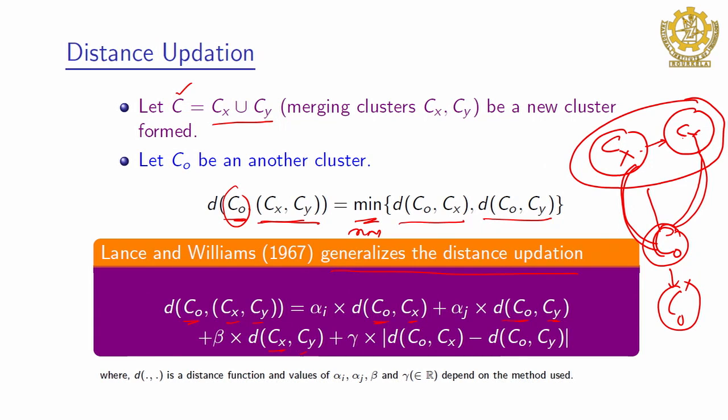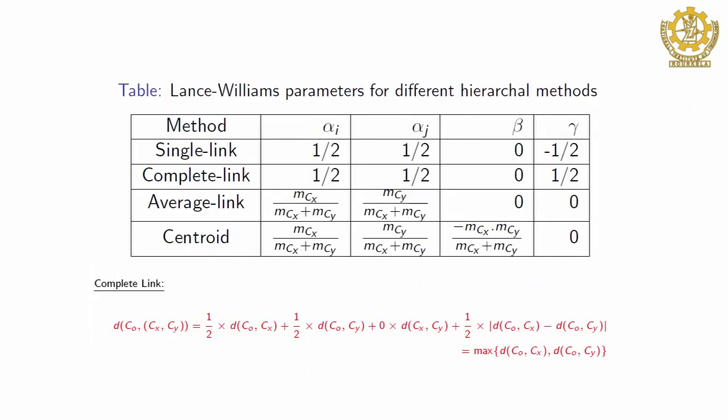But if you want to apply single linkage, then we should know the values of alpha i, alpha j, beta and gamma. Along with that, he also gave a table of what the values of alpha i, alpha j, beta and gamma will be. So, here is the table. So, if you want to apply the updation formula for single linkage, alpha i and alpha j will be half, half, beta will be 0 and gamma will be minus half.